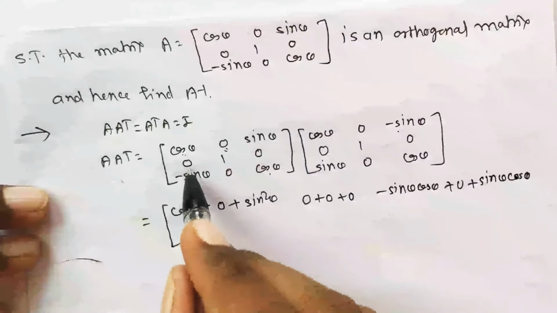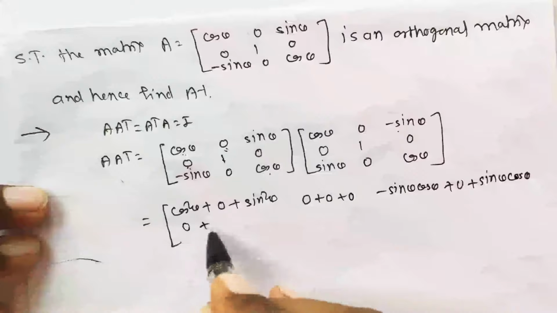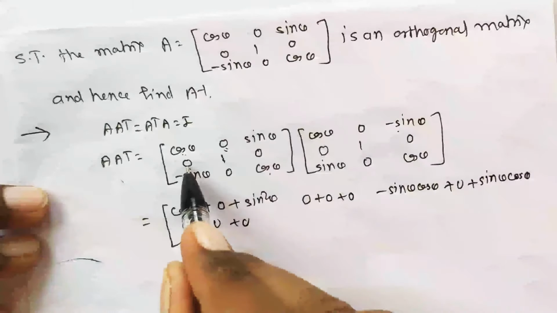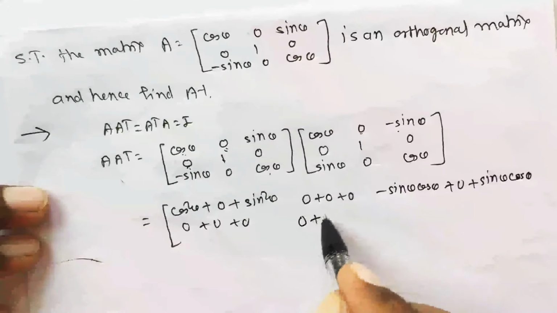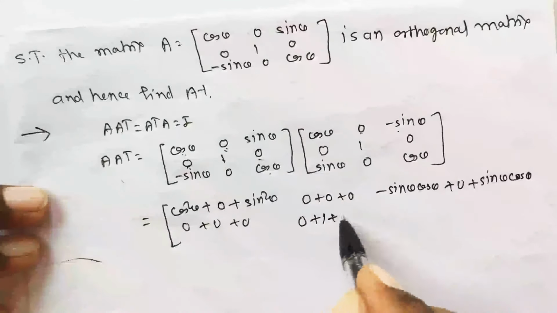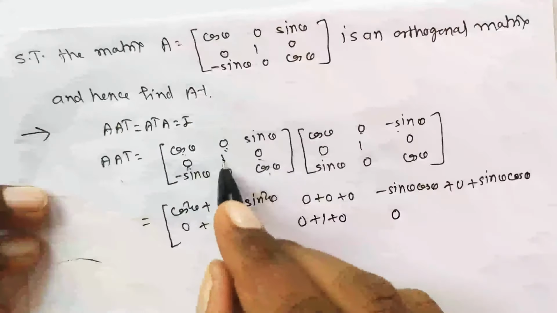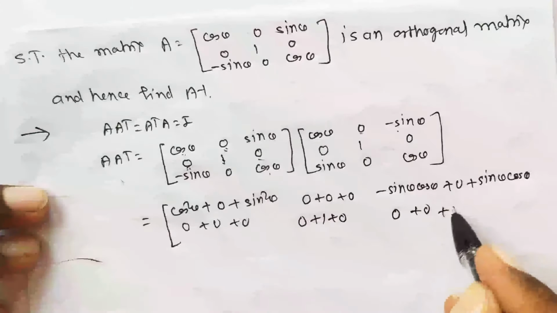Then second row is 0 into cos theta is 0, plus 1 into 0 is 0, plus 0 into sin theta is 0. Then the middle one is 0 into 0 is 0, plus 1 into 1 is 1, plus 0 into 0 is 0. Then 0 into minus sin theta is 0, plus 1 into 0 is 0, plus 0 into cos theta is 0.